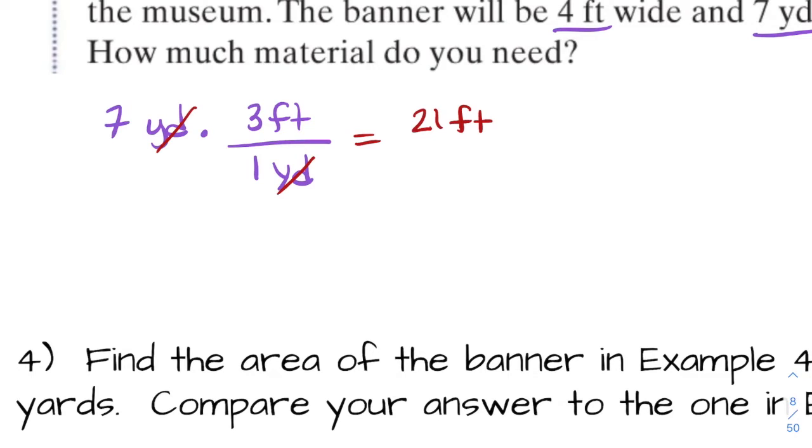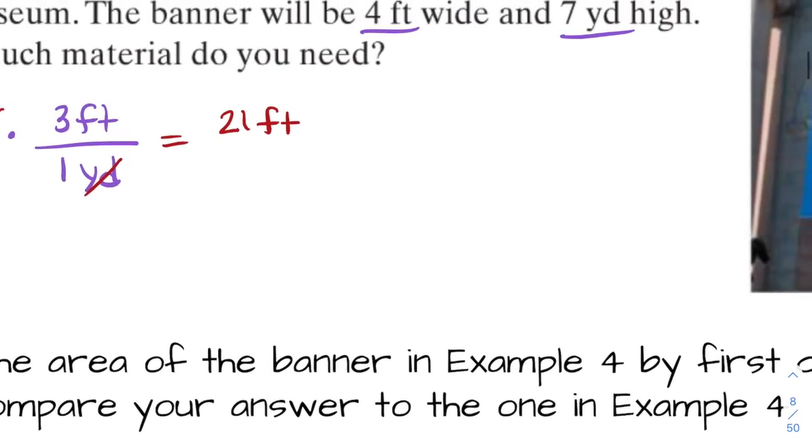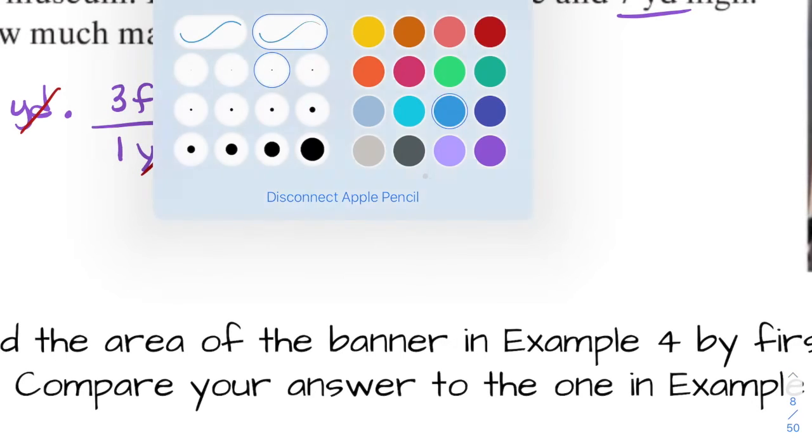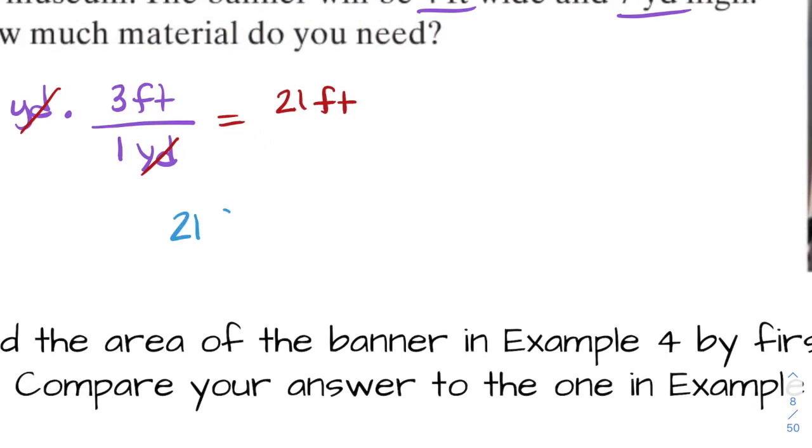So this is now 21 feet. So now what we're going to do is find the area. We're going to do 21 feet times 4 feet. So area is going to be 84 feet squared.